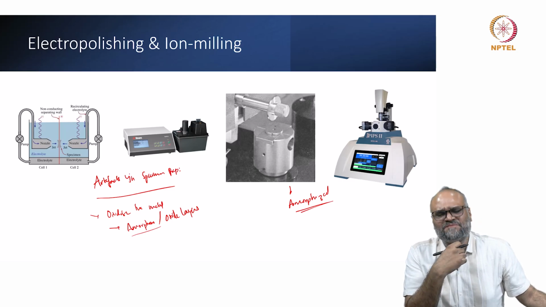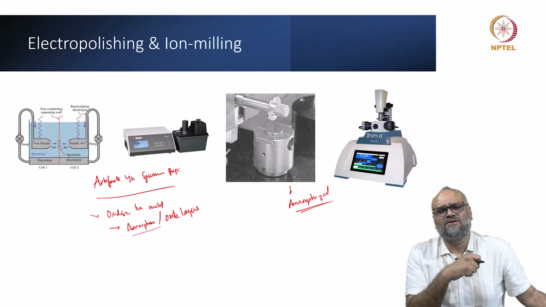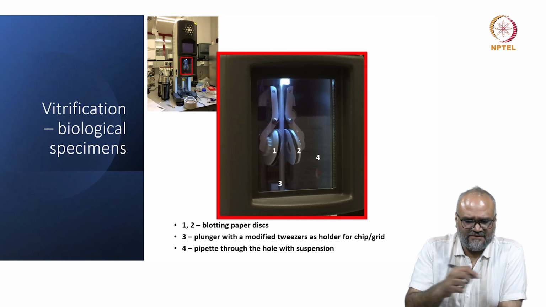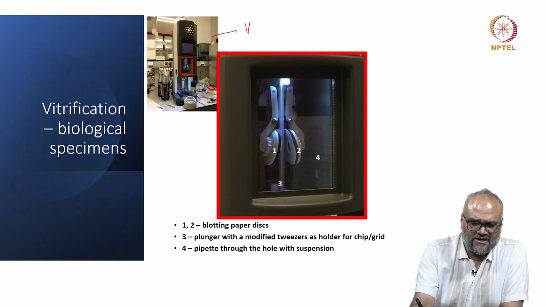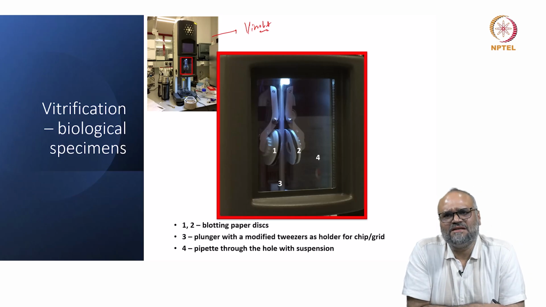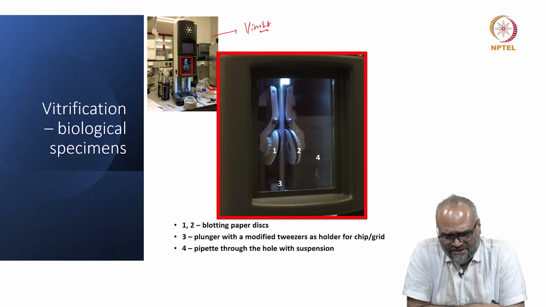The next kind of specimen preparation method commonly used for biological specimens is something called vitrification. So the idea is, you have a system like this called a Vitrobot. For biological samples, typically you use specimens which are very sensitive to the electron beam, and these are often imaged using a cryotransfer holder maintained at liquid nitrogen temperature.